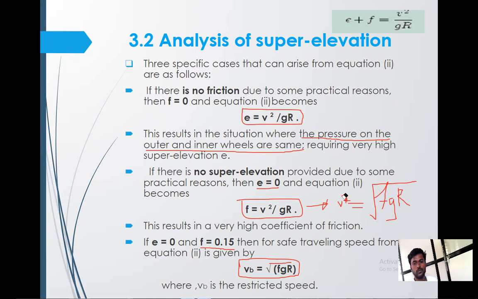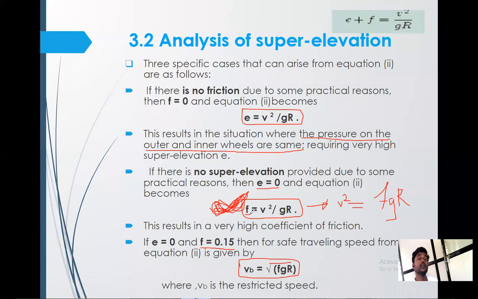Understood? I will repeat. In this equation, when e, the super elevation, is equal to 0, the value of f is 0.15. We have not provided super elevation here.